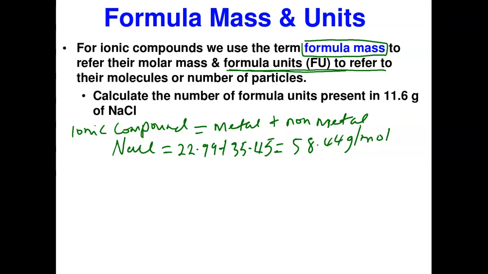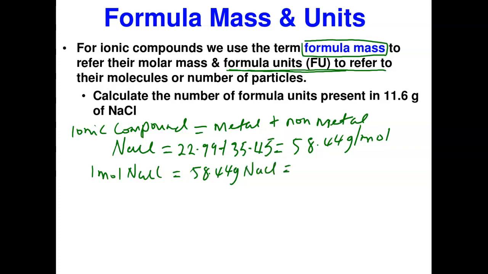Now, what is the formula unit now? What's the relationship? Remember, we said formula unit is a specified entity. What it simply means is that a mole of sodium chloride will contain this particular mass, 58.44 grams of sodium chloride.